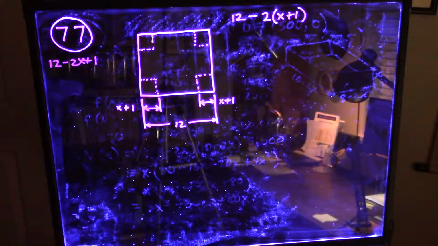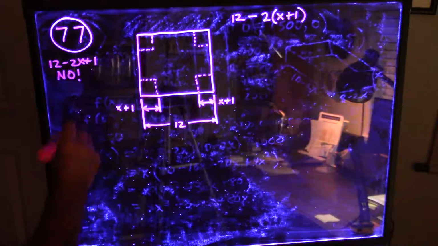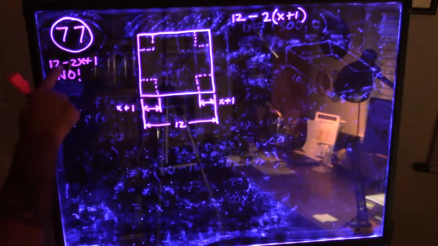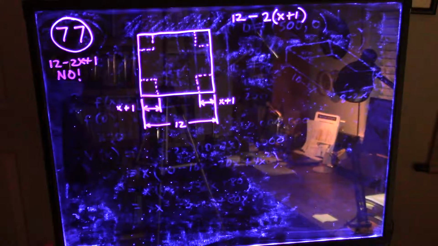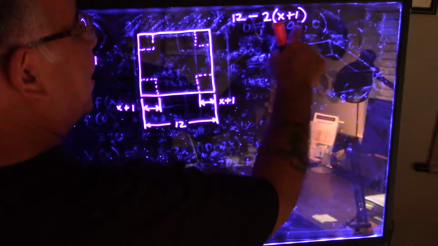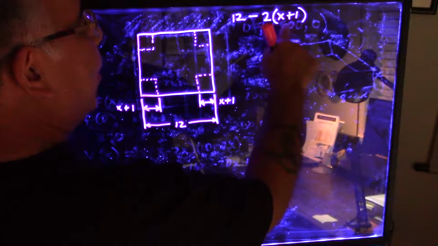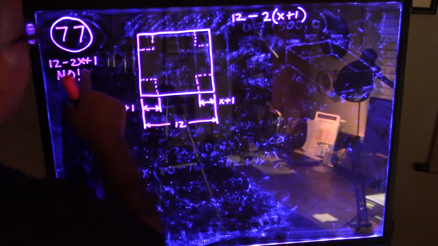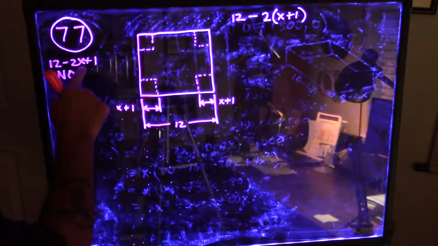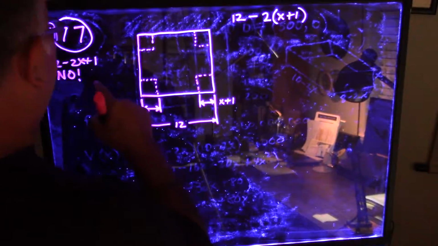All right. I'll put a big no there. No, it's not 12 minus 2x and then plus 1. It's 12 minus 2 times the quantity x plus 1. You're subtracting 2 of these entire quantities, not just 2 x's. That's what this indicates. So do not do it this way.